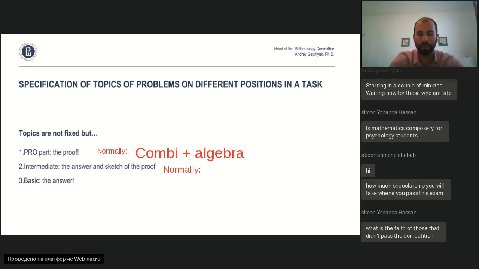So normally it's combi plus geometry, like classic two-dimensional geometry.